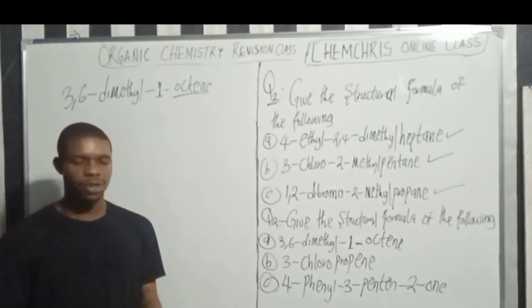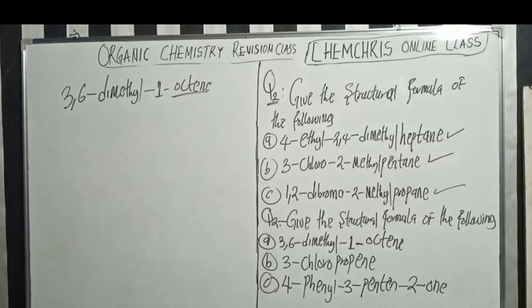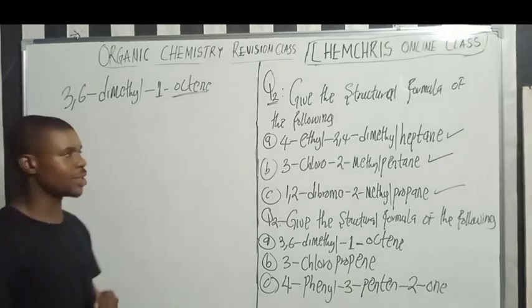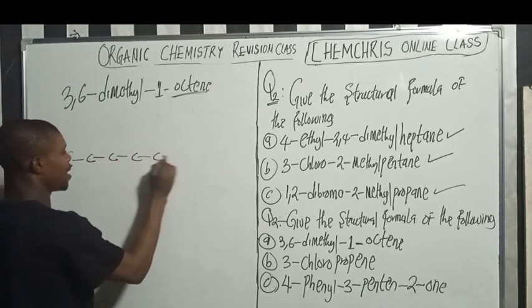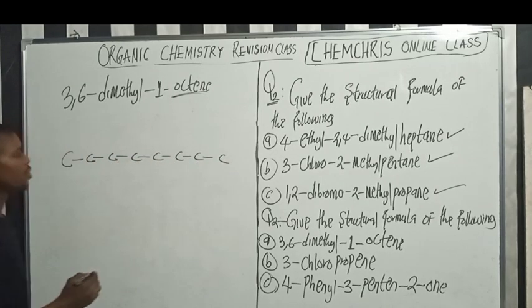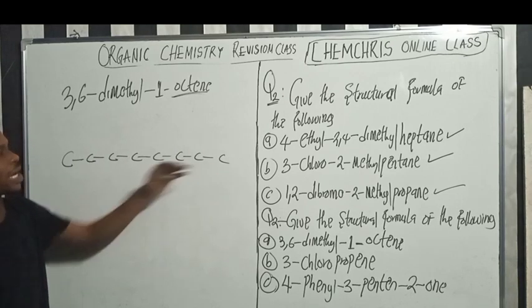So it's an alkene. An alkene has a double bond. So it will be 1, 2, 3, 4, 5, 6, 7, 8, right? So now let's place our numbers. After getting the carbons here, you have to start numbering.